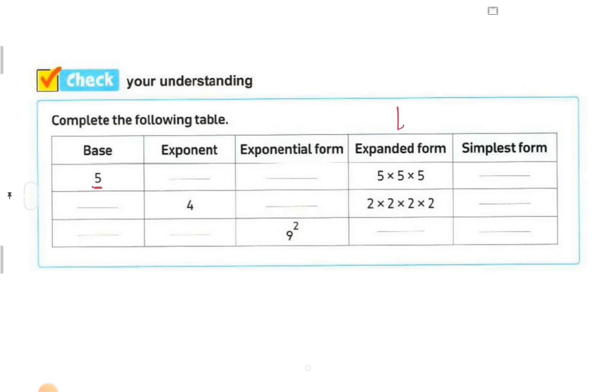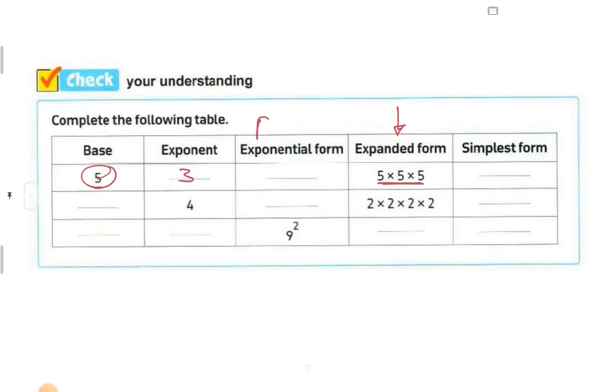But I have the expanded form, 5 by 5 by 5. So 5 is the base. What's the exponent? The exponent or power is the number of 5s. We have 3 times.